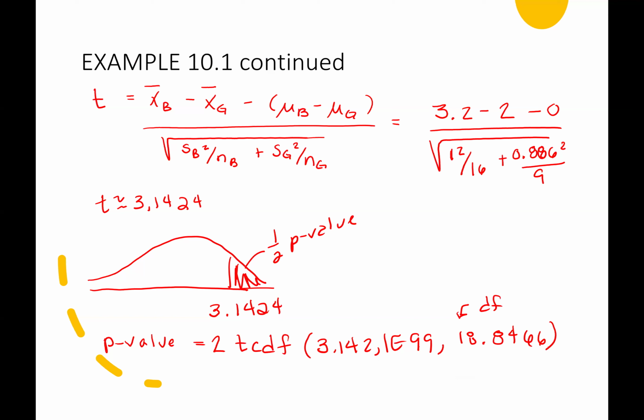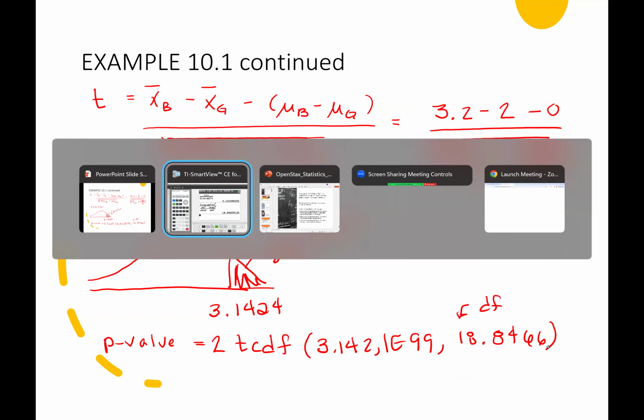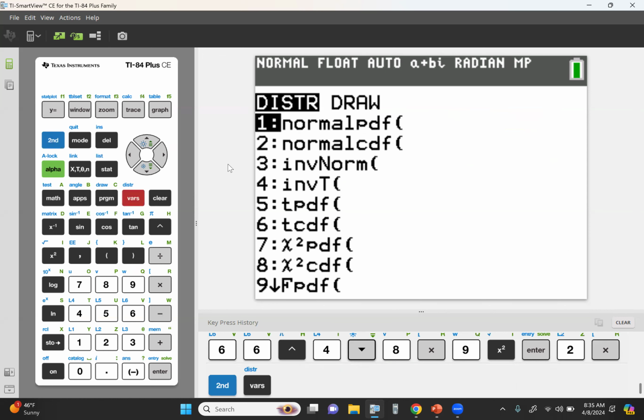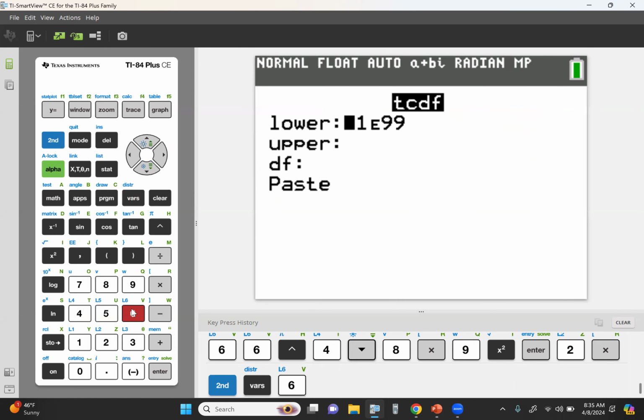So we're going to do a TCDF. To get the p-value, we're going to take 2 and multiply it times the TCDF, which is number 6 in our distributions.